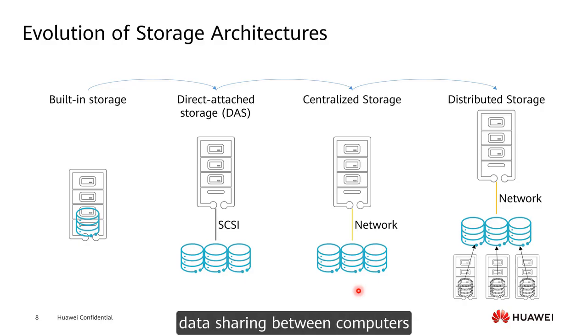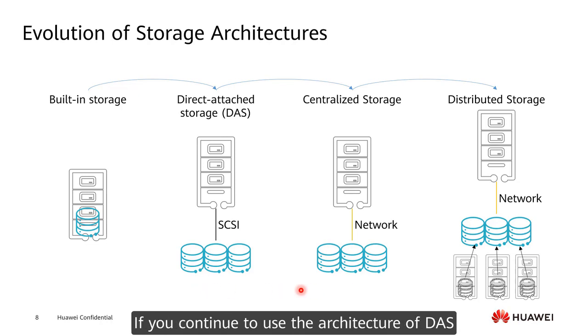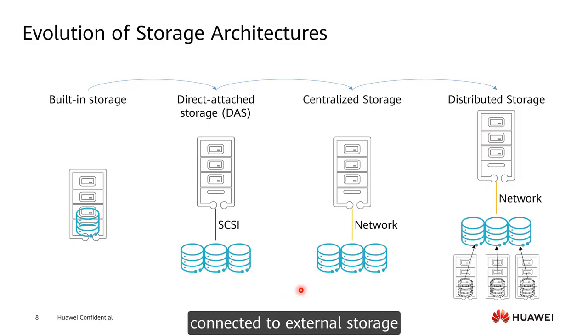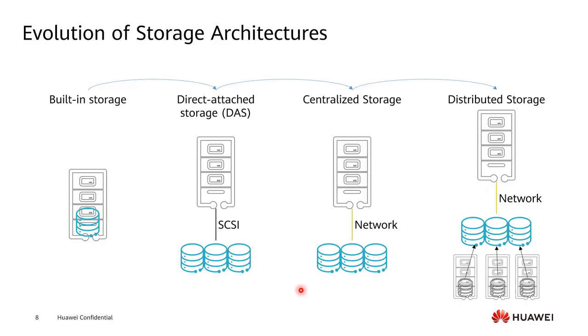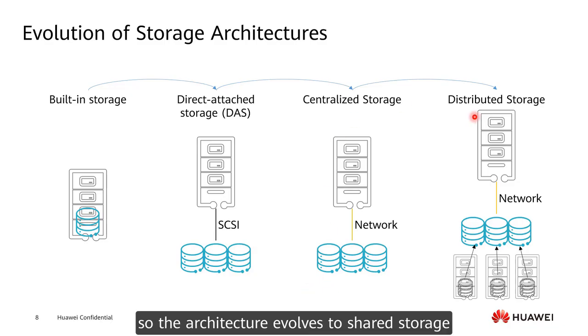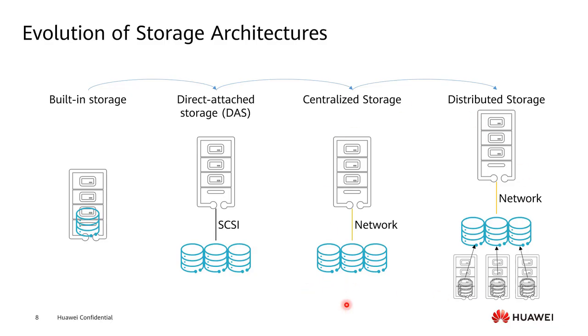With the development of the network, data sharing between computers has become more frequent and smooth. If you continue to use the architecture of DAS, the data must be shared through computers connected to external storage, and this becomes a bottleneck and failure point. So the architecture evolves to shared storage.